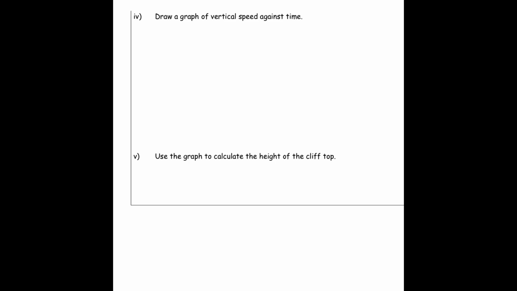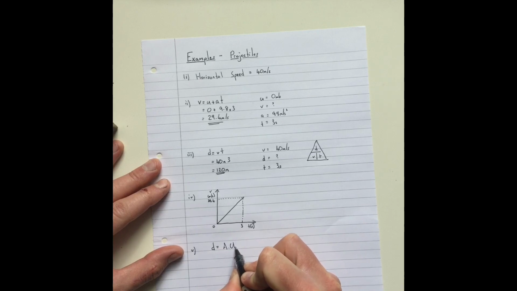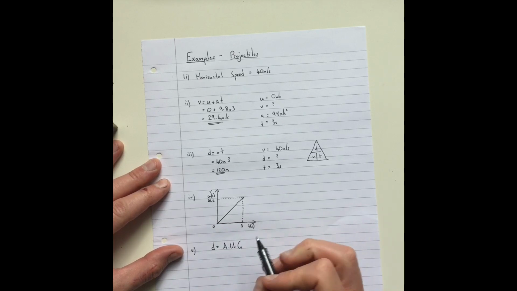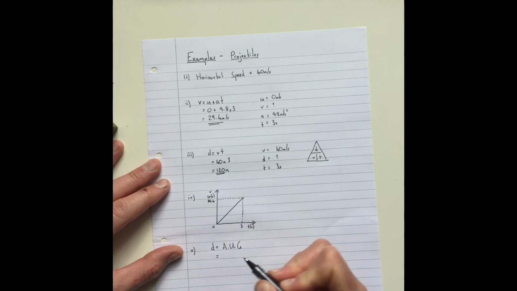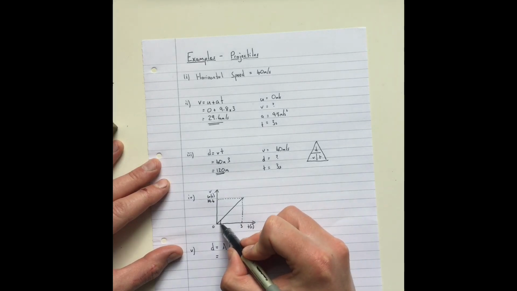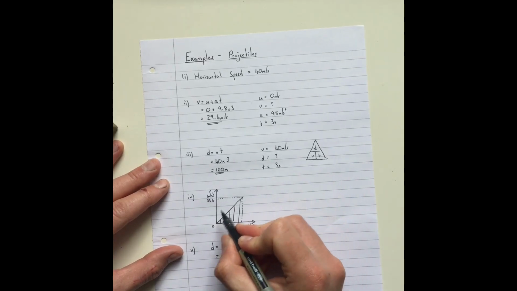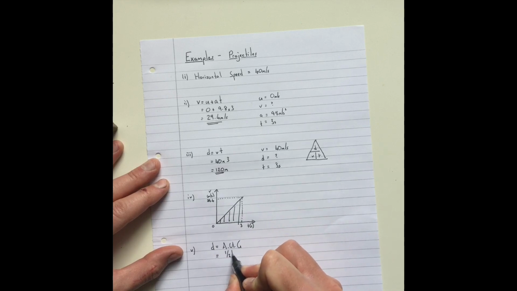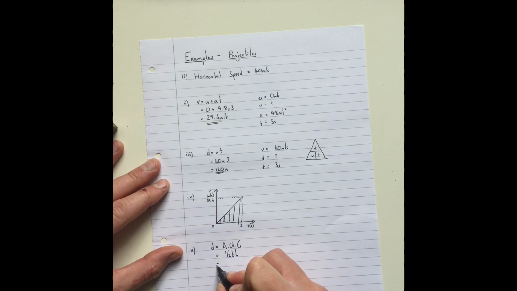And the last one is going to use that, because remember we said that to find the height of the cliff top, we're going to need to use the area under this graph. So distance equals area under graph. Now this is stuff we all used before. In fact, our exam had a question on this. So area under the graph, it's just a wee triangle, isn't it? This is it here. I guess we could just shade this in a little bit. So it's a half base times height, or length times breadth, however you like to do it.